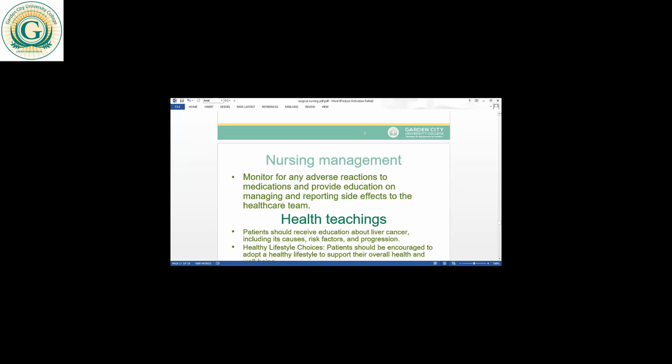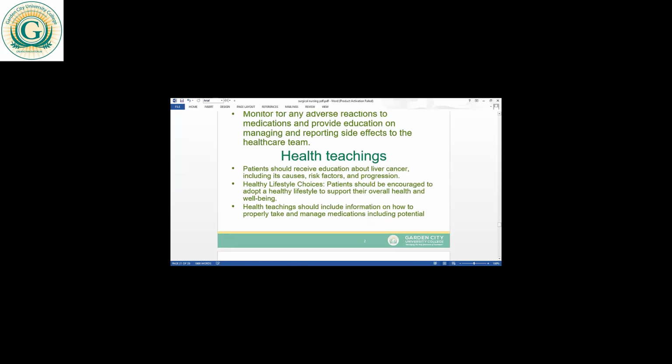And then we talk about the health teachings. Patients should receive education about liver cancer. Here we will include its causes, the risk factors, the progression, and then the treatment modalities.